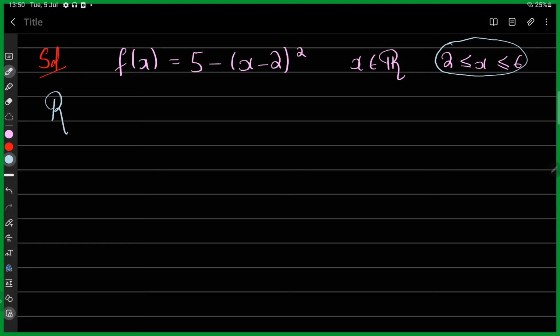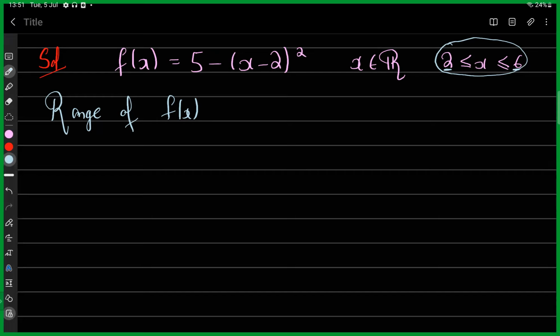So, range of f of x. When we talk about the range of f of x, what we usually do is plug the domain values of x into the function to find the upper and lower limits of the range. But at times, the graph of that function is important in order to understand the question.